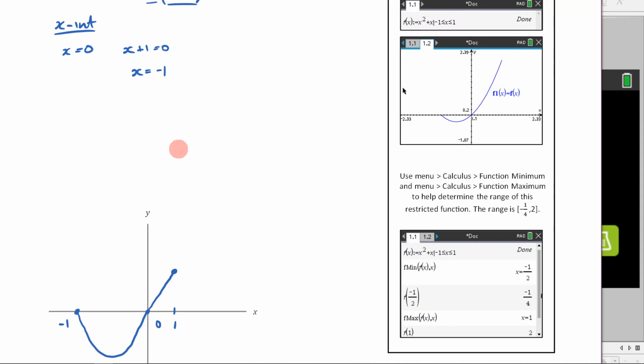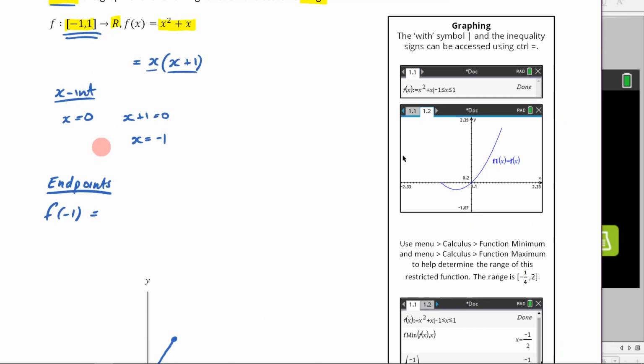To do that, I'm simply going to sub some things in. I'm finding the endpoints. So what's f of -1? It's -1 squared plus -1, which is +1 minus 1, which is 0.